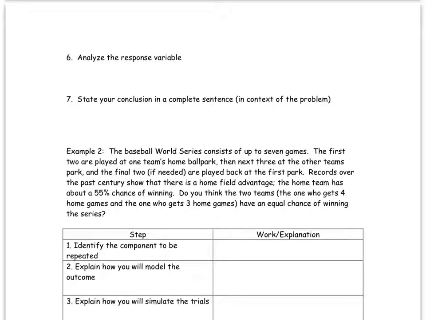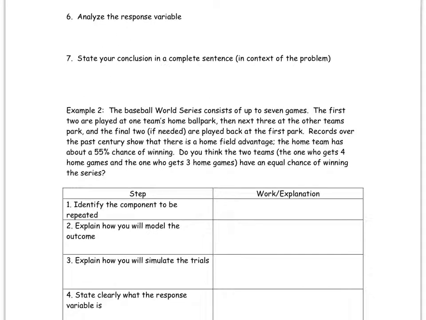So now, the last question here: analyze the response variable. I was kind of already talking about that, in the sense that on average it took us 5 boxes of cereal to collect 1 card of each athlete. So I'm going to write that in stating my conclusion.